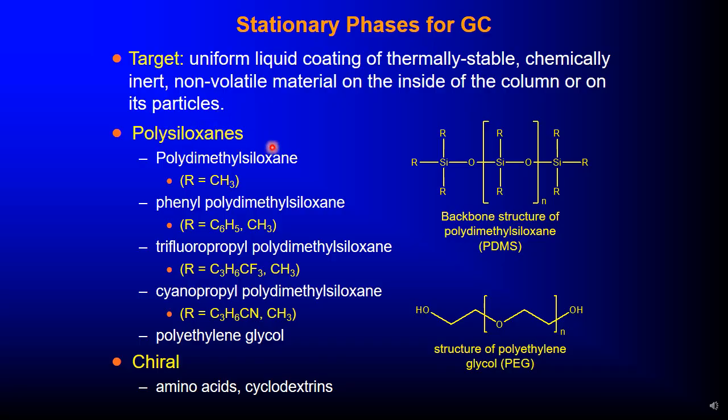Polysiloxanes, for example, as you can see. So these are some of the examples of stationary phase for gas chromatography. Even the amino acids and cyclodextrins. So you can see the structures there.